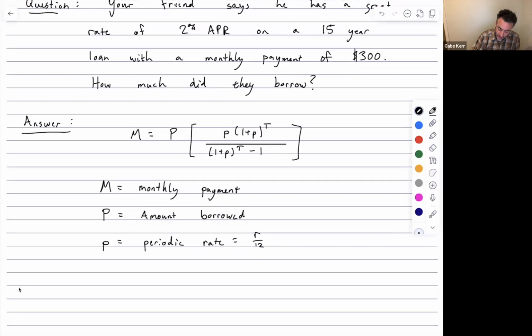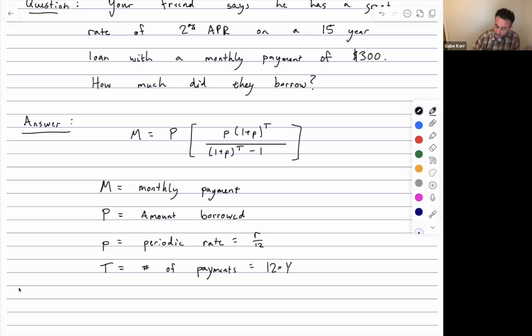Capital T is the number of payments, which is typically going to be 12 times the number of years, or the term of the loan. Great, so we've got all of our variables, M, P, p, and T, all identified.